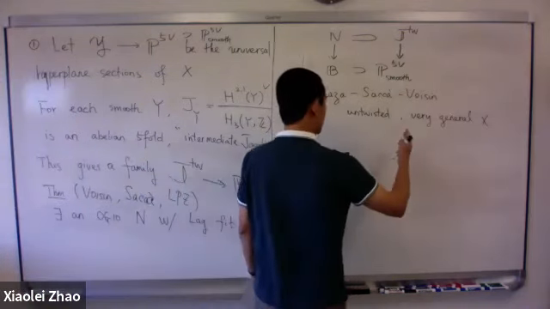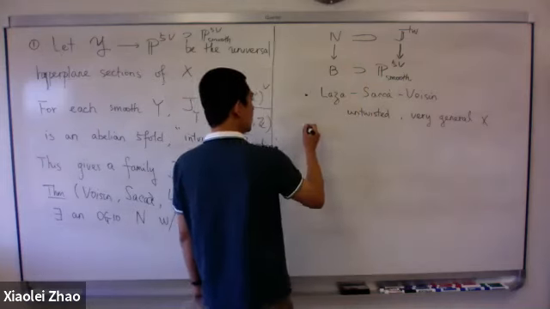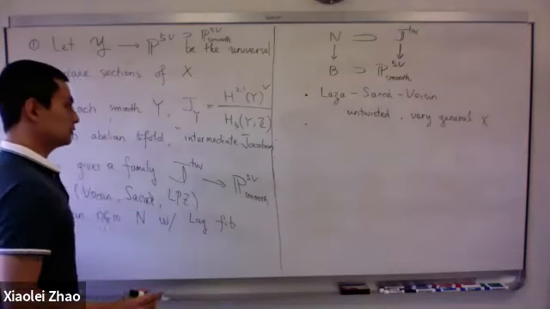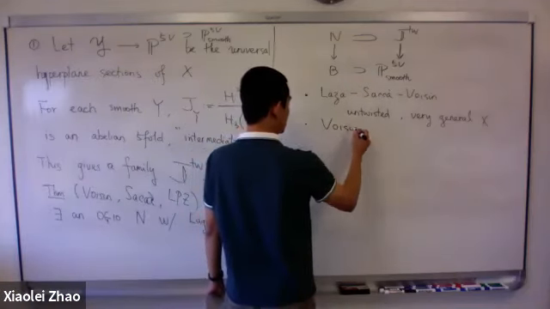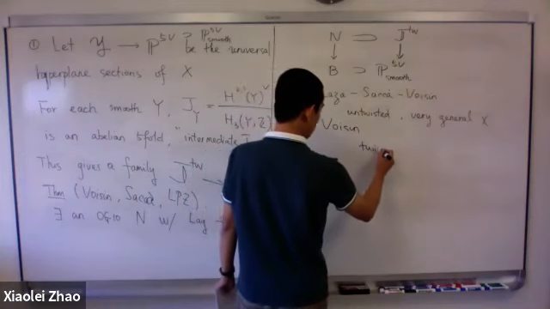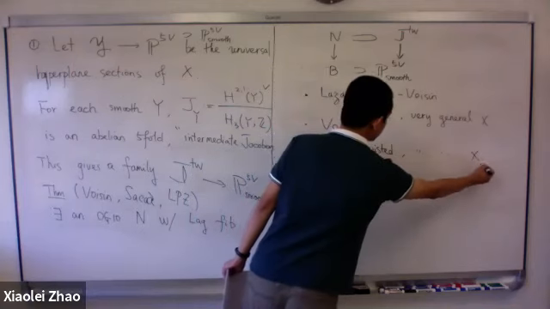For the remaining cubic fourfolds, and for the untwisted family, which I didn't really introduce, they can show the existence of this. And then Voisin generalized this to a twisted family, and also for very general X.